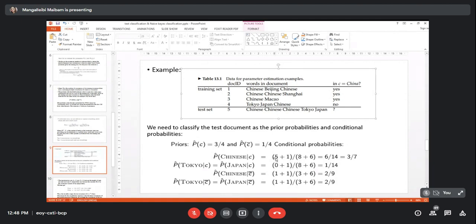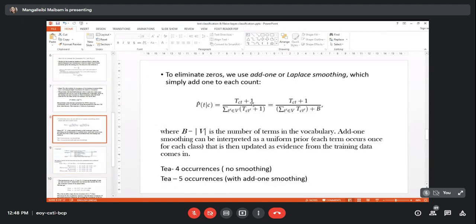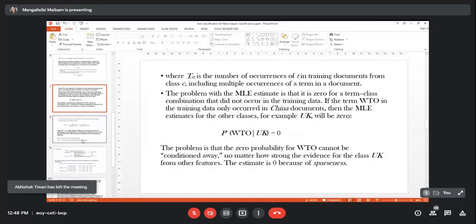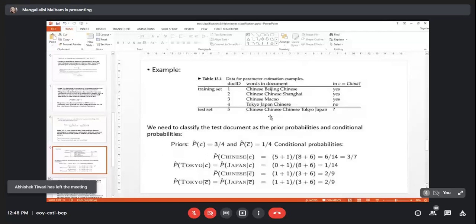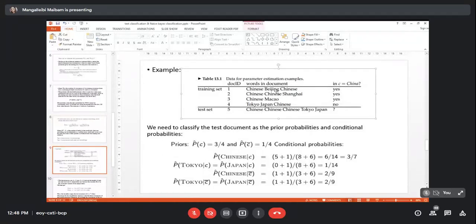And this 5 is nothing but this term Tct. This is your term frequency for the China class, the term frequency for that particular term in the China class. You can see here how many Chinese there are: 1, 2, 3, 4, 5.